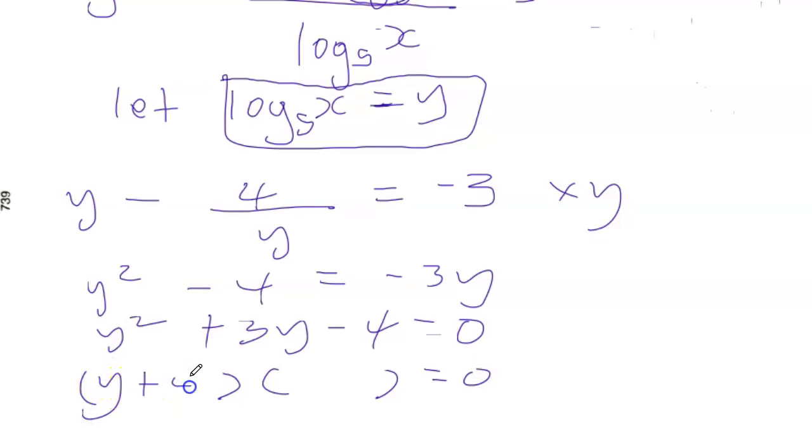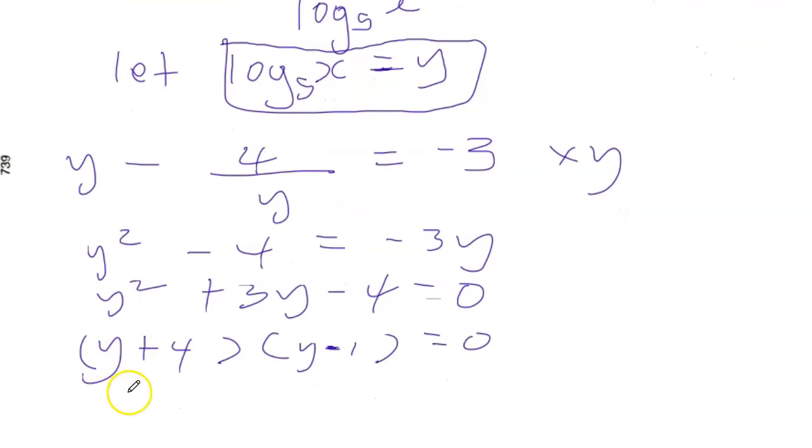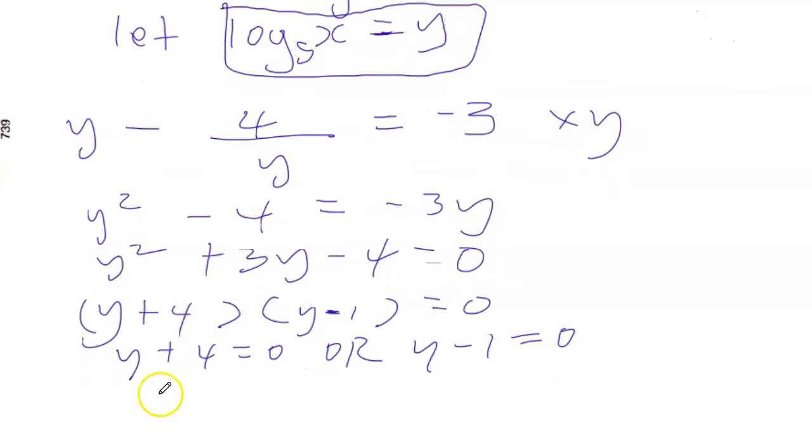That's y plus 4, y minus 1. And to solve a quadratic by factoring, we equate both factors to 0. So y plus 4 equals 0, or y minus 1 is equal to 0. So therefore y equals negative 4, or y equals 1.